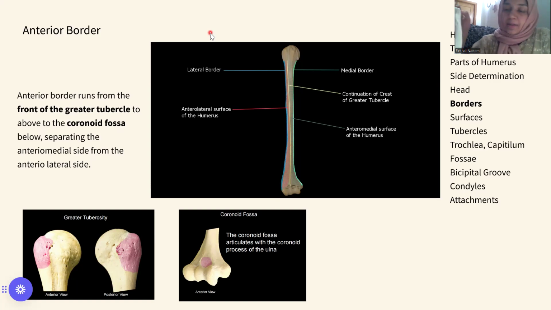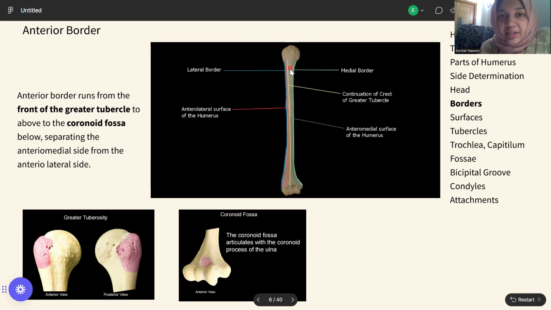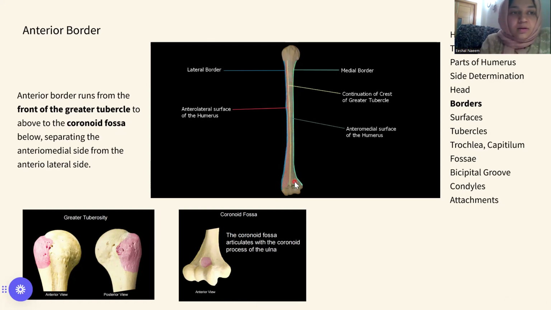So obviously, when I'm talking about the anterior border that extends from the greater tubercle all the way to the coronoid fossa, I have an anterior medial side and I have an anterior lateral side, right? You can even appreciate that here. I will show it to you here.